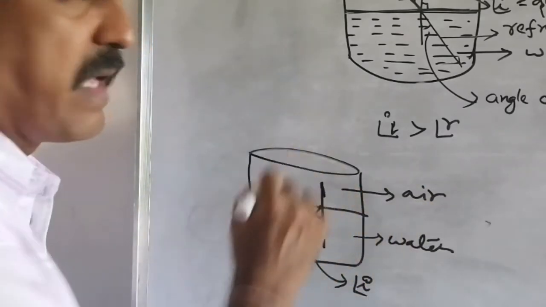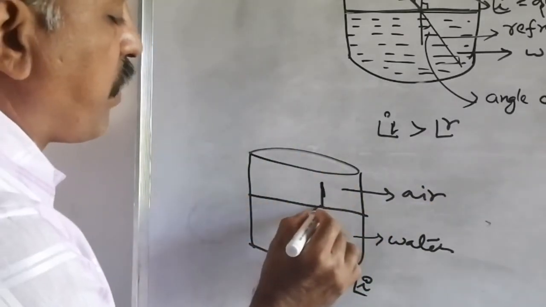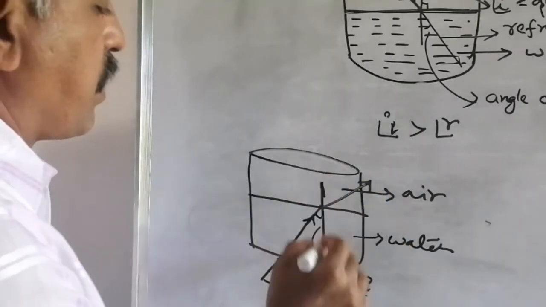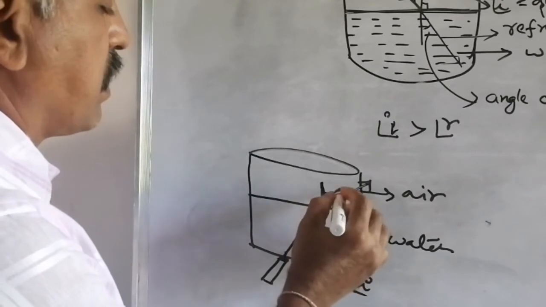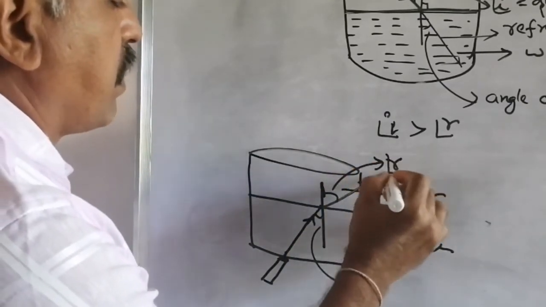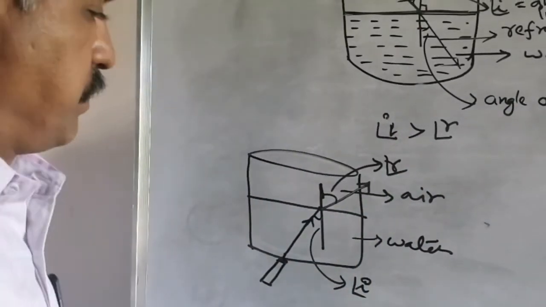When it enters the air, it goes away from the normal. The other angle formed we call the angle of refraction, angle r.